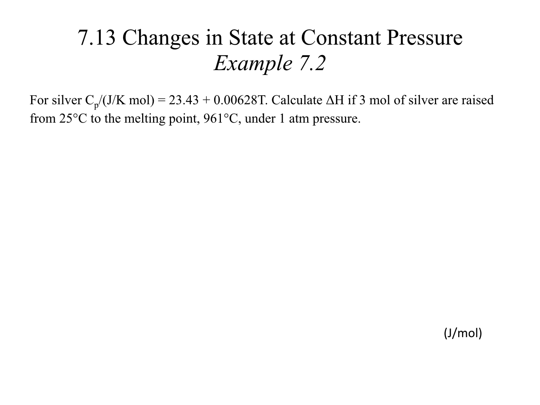So now calculate delta H if we heat 3 moles of silver in the solid form from 25 degrees centigrade to its melting point, which is 961 degrees centigrade, under 1 atmosphere pressure conditions. So same essentially as the previous example, except that instead of helium we have silver.